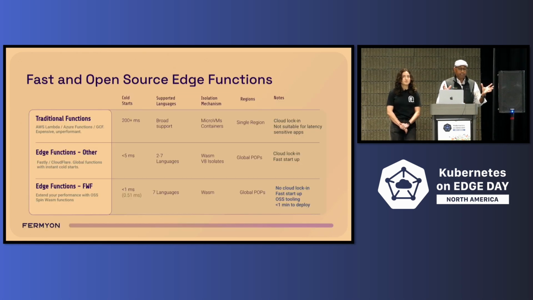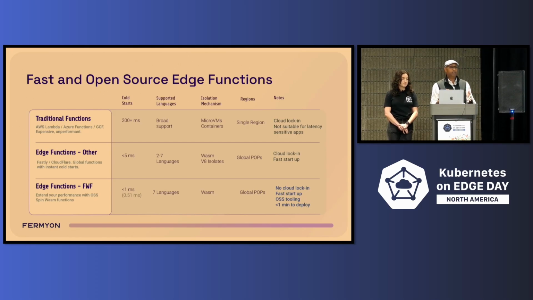Now, this slide has a lot of data on it, but let's compare three worlds of serverless. At the top, you're going to see the traditional functions, which include Lambda, Azure, and GCF. Startup in 200 milliseconds plus, usually single region only, and most are locked to a specific cloud instance. Whereas in the middle, we've got edge functions from Cloudflare and Fastly, global and fast, sub 5 millisecond cold starts, but they're still very proprietary.